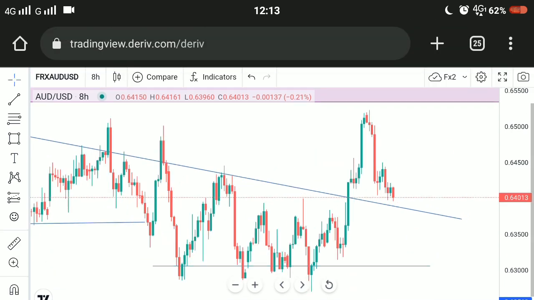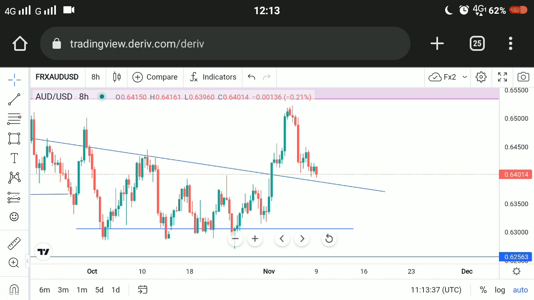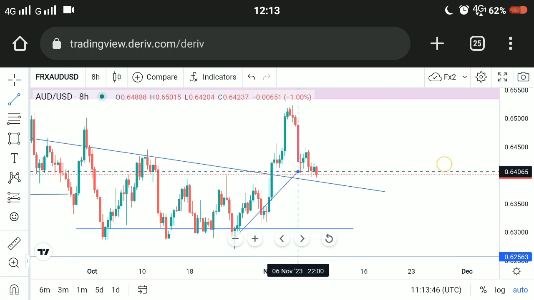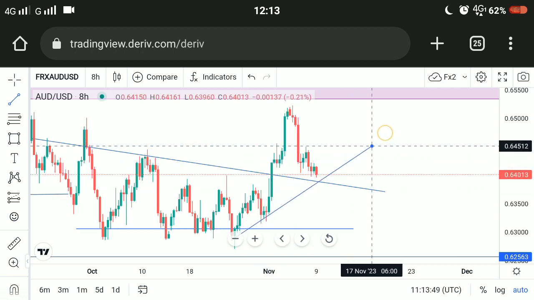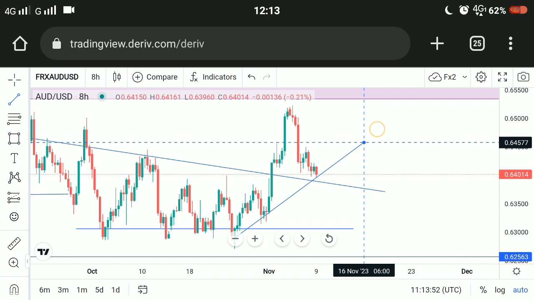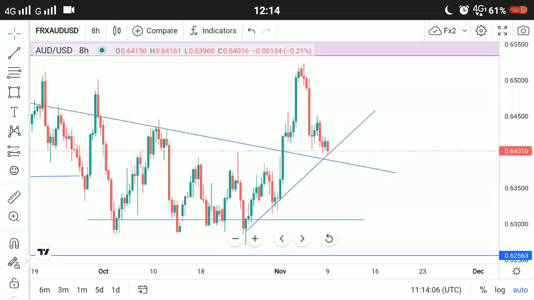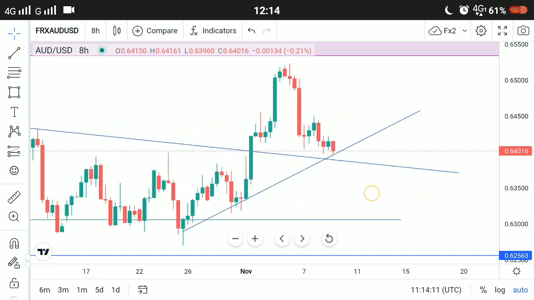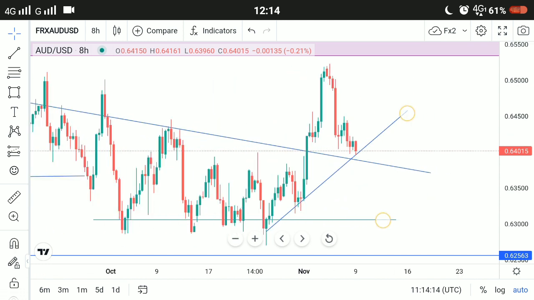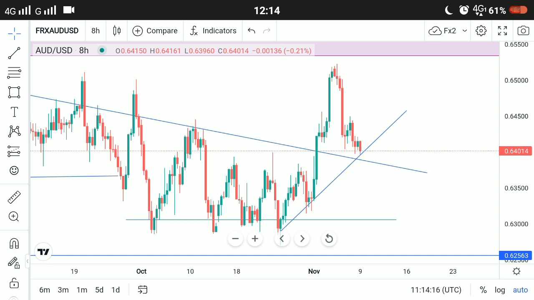Looking at what price is doing, let me draw this in a very good way. Put it back here. So you can see that even as we drew our trend line inside after the breakout, the price came back somewhere here and is now reacting to the trend line we drew.